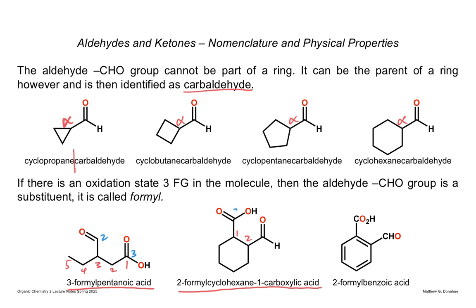So that's why it gets the 1 position. And we also have an aromatic ring, so 2-formylbenzoic acid. So in that one, necessarily the acid is position 1, and the formyl group is position 2.